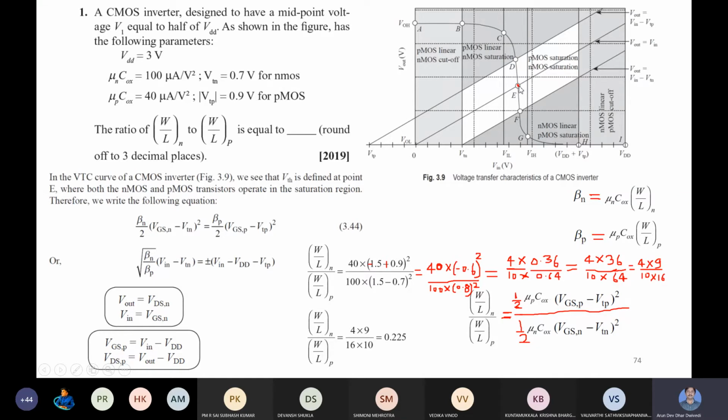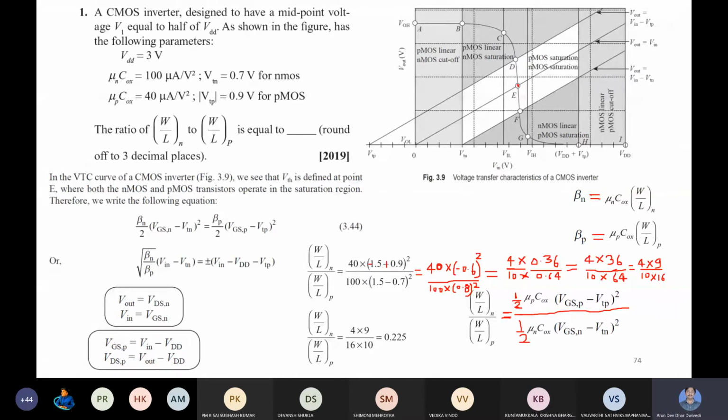This line indicates V in equal to V out, and at the point where this line cuts the VTC plot, from here we draw a perpendicular, and wherever it cuts the x-axis, that point is the mid voltage, and it will be exactly between 0 and VDD. VDD is the maximum supply voltage of the circuit, so it will be exactly in between, the midpoint according to this problem. So it is designed in such a way that it comes midway.